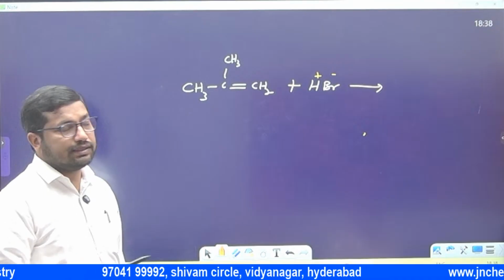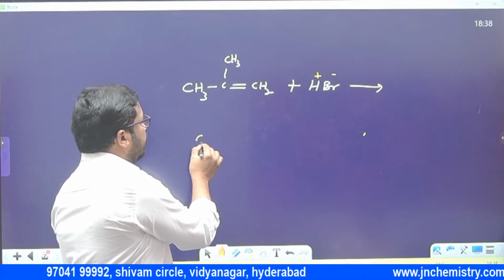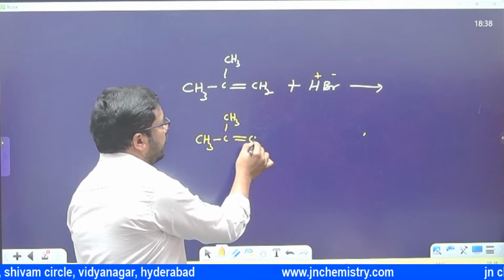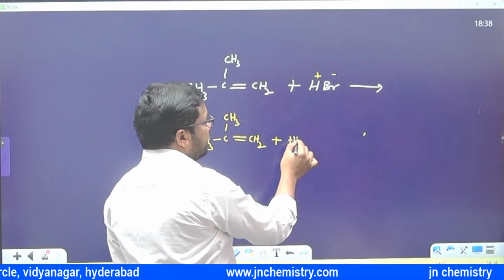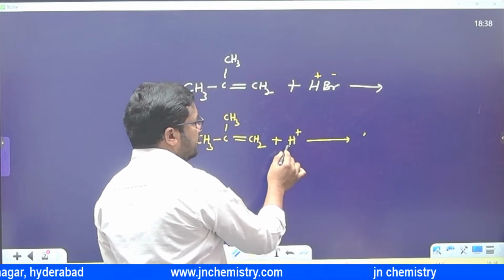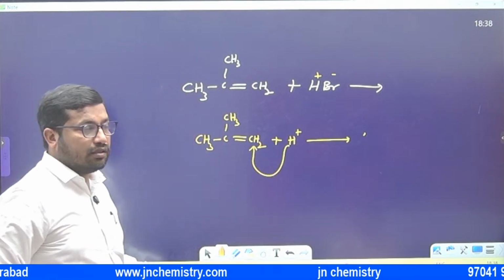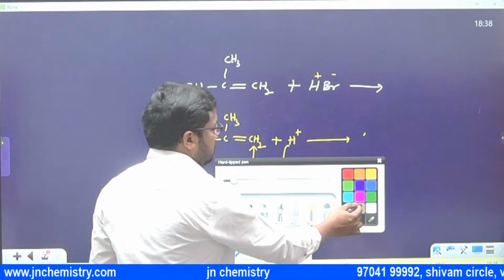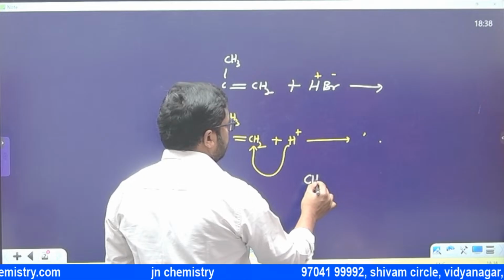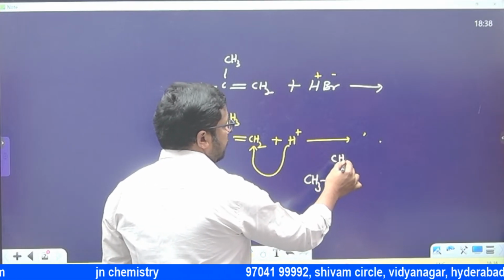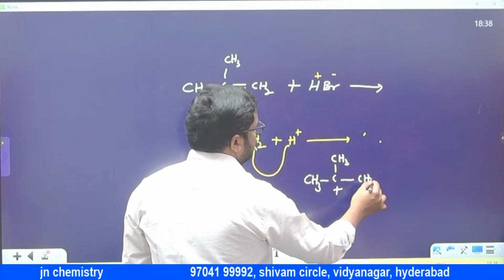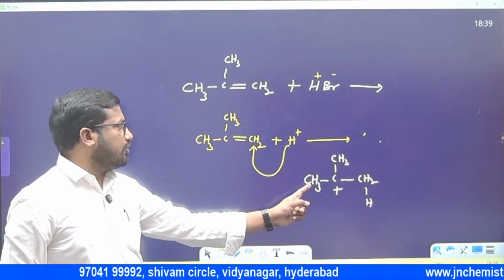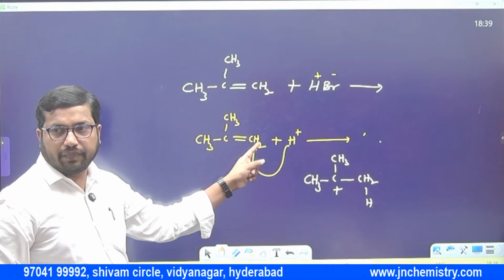The electrophile H plus attacks here, on the CH2 of (CH3)2C=CH2. If H plus attacks here, the carbocation forms on the other carbon: (CH3)3C plus. Nothing but this is which carbocation? A 3 degree, tertiary carbocation. If H plus attacks the other carbon, we will get a primary carbocation.